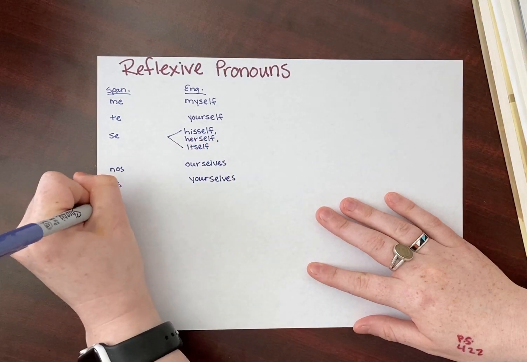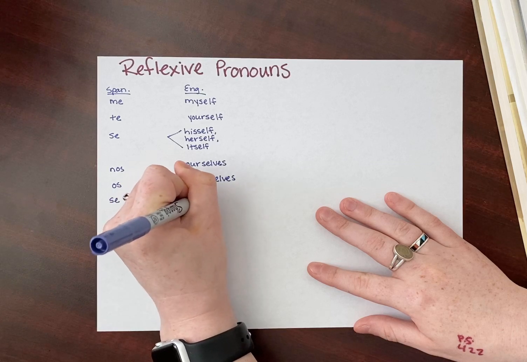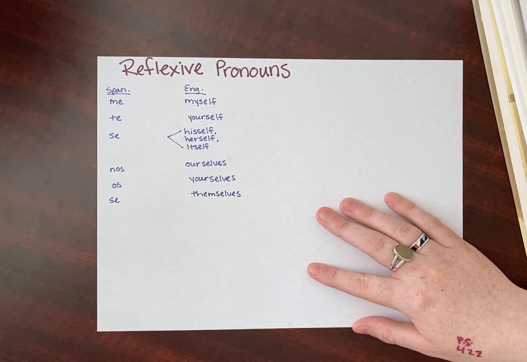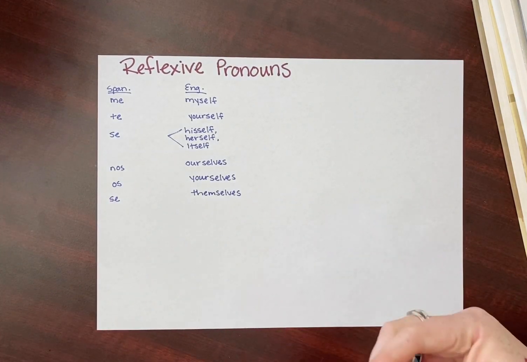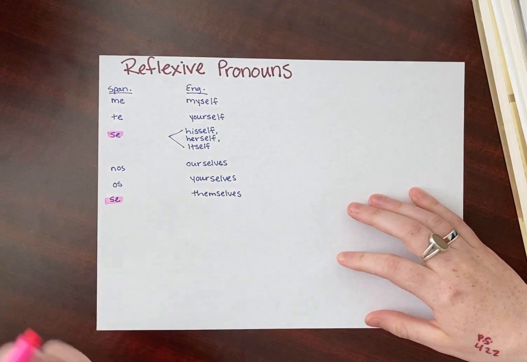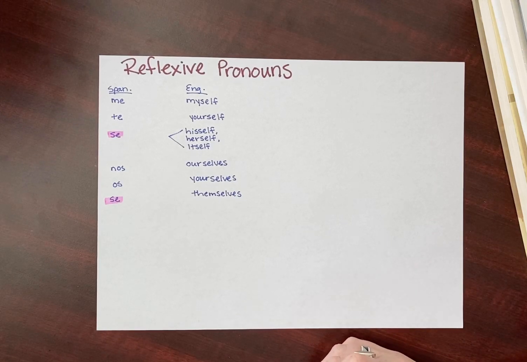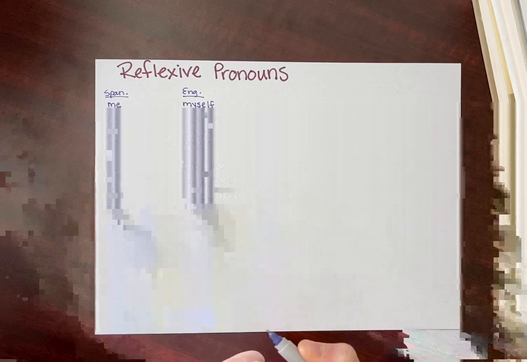And finally, we have se, which means themselves. And if you notice, se for singular is the same as se in plural, and context will help you decide and differentiate which one you are looking at and dealing with.